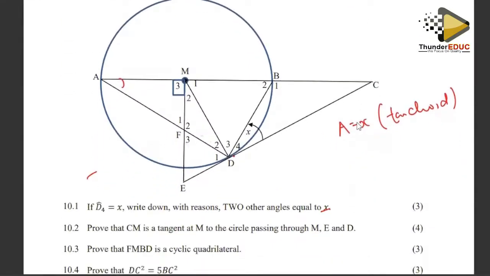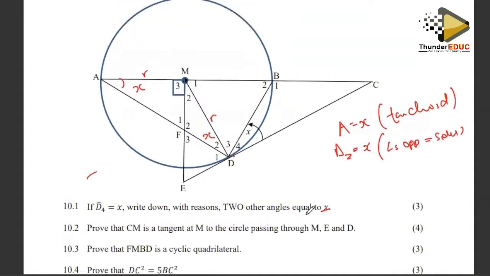Nothing. So we're calling this X. If that is X, then even D2 is going to be X, angles opposite equal sides, because this is a radius, this is also a radius. Do we have any other X? I think that's all.